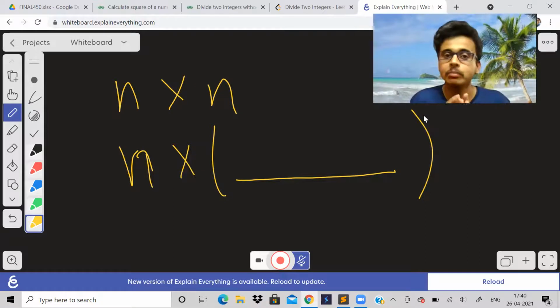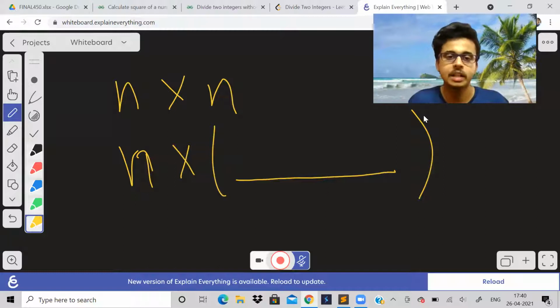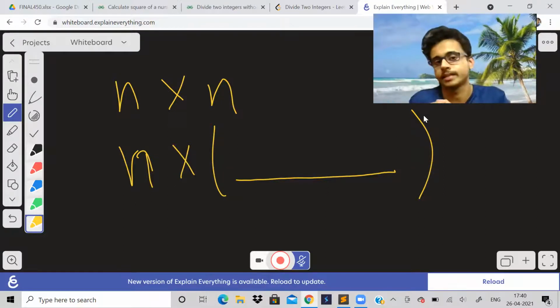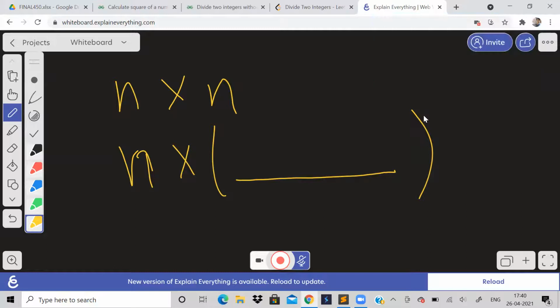So that is the motive behind using bitwise operator. Whenever there is something related to powers of 2, power, multiplication, you can also use bitwise operator. So now let us take an example and understand what the goal is.